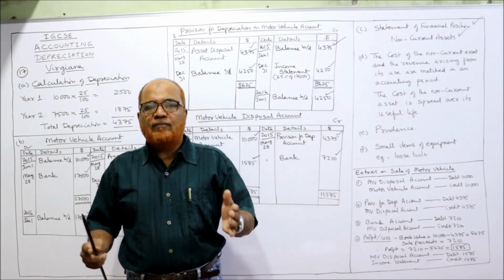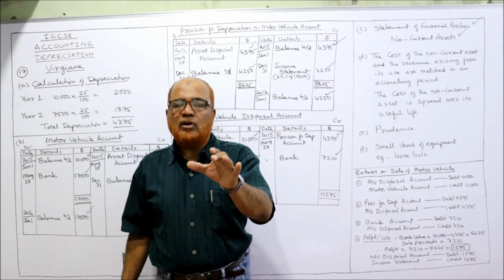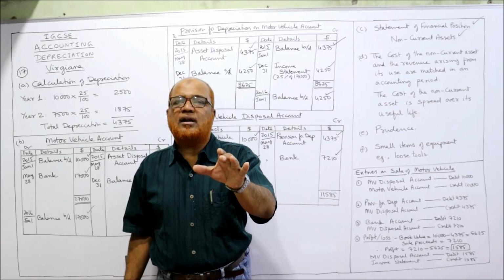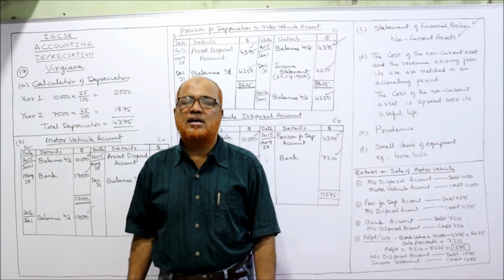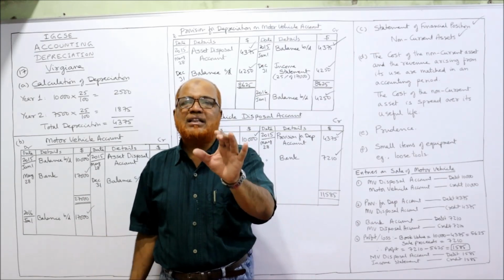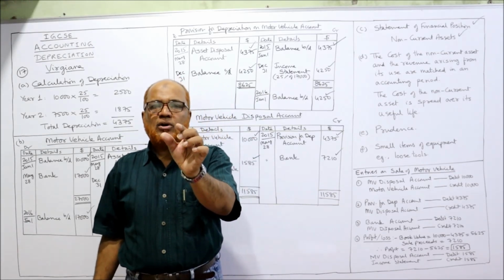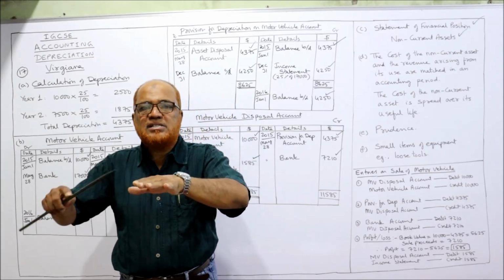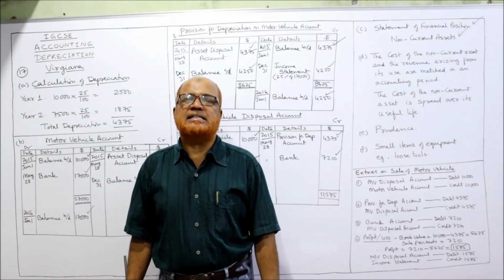So here, when a non-current asset is purchased, the cost of the non-current asset will be spread over the life of the non-current asset. Example, if we purchase a machine for $10,000, this $10,000 cost of the machine will be spread over its life. Suppose the life of the machine is 10 years.